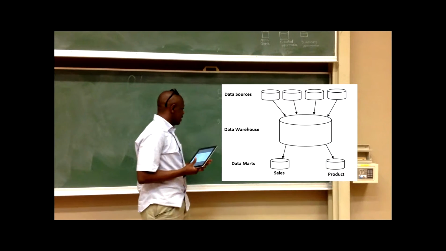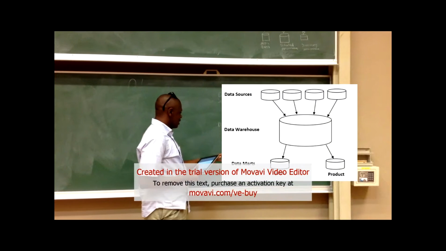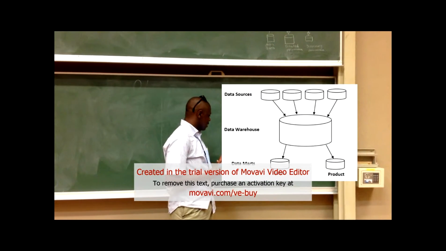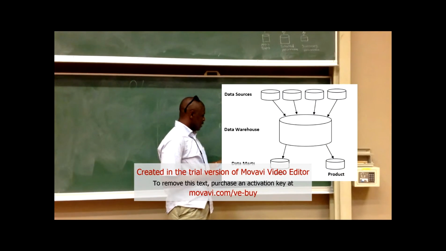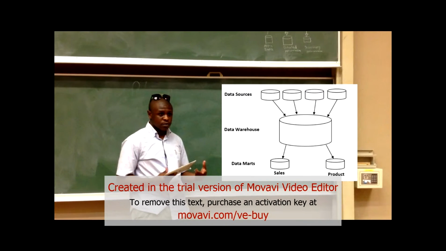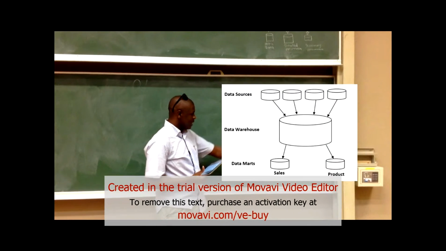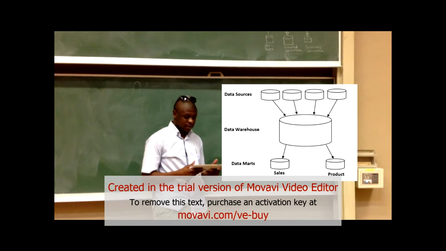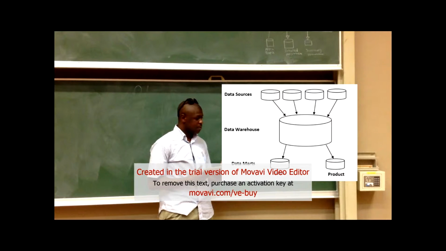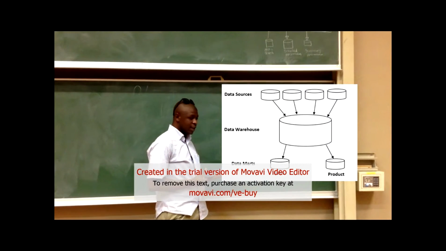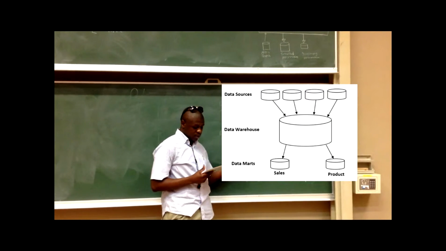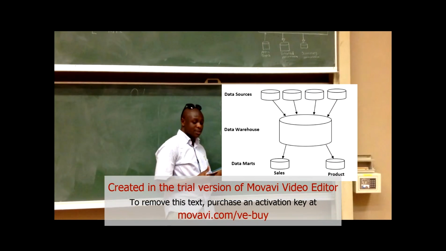And then here we have data marts, which I'll go into further detail a bit later on, which do the basic functions that the data is operated on. So this is where the analytical processes take place. This is where the business executives would come and mine data and analyze the actual information that is stored within the data warehouse.